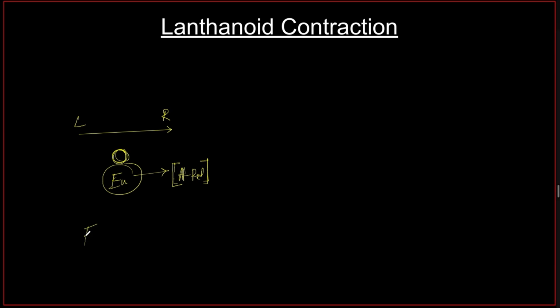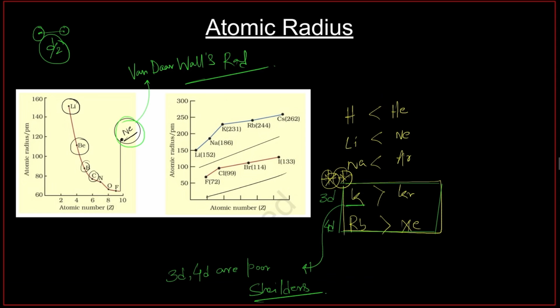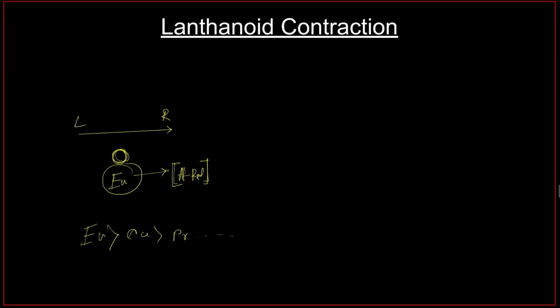So first there is Eu, then it continues with Ce, Pr, Nd, Pm, and so on. I hope this helps you understand what the lanthanoid contraction is.